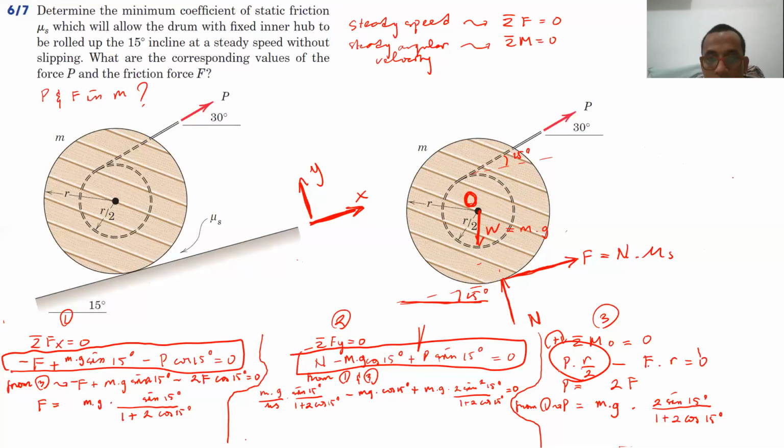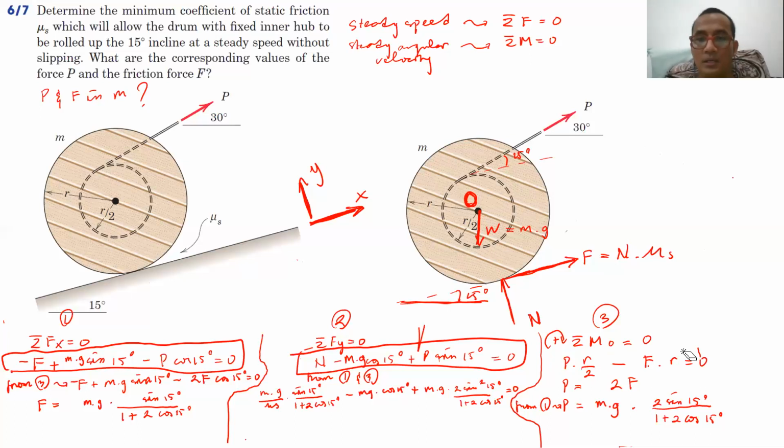Minus the friction force, the friction force multiplied by R. That will be our second moment, and the value will be negative because it's counterclockwise. Then it's equal to 0.